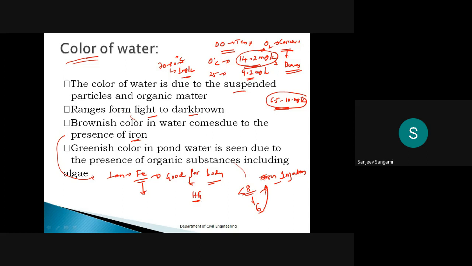Even some foods have iron. But if they want to increase the hemoglobin level, they will directly inject iron through injections. Even through food, the iron goes to the intestine first, then from the intestine to the blood.